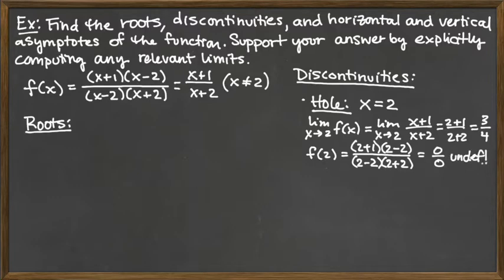So what we're saying here is 2 is not in the domain, but that limit does exist as x approaches 2 for the function, so that's the full justification for the hole.